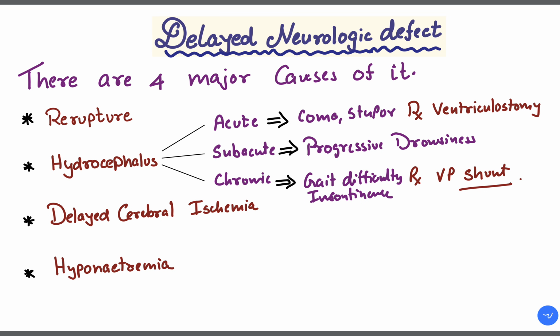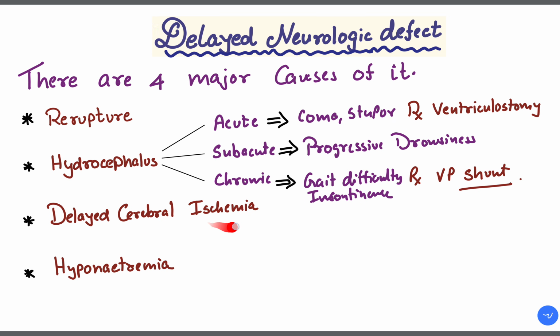Then, if this hydrocephalus develops over a period of time, the patient might have symptoms such as progressive drowsiness, progressive worsening headaches, gait difficulties, incontinence, memory impairment. In such cases, a ventriculoperitoneal shunt may be required. So we must look for the features of hydrocephalus on subsequent days following subarachnoid hemorrhage.